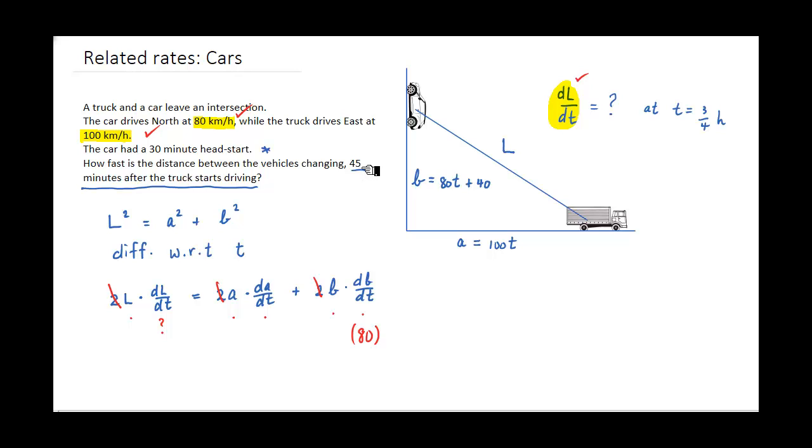At the 45-minute mark, if we substitute 3/4 for t, then B will have the value (80 times 3/4), that's 60, plus 40. 60 plus 40 is 100. So the car is 100 kilometers from the intersection.